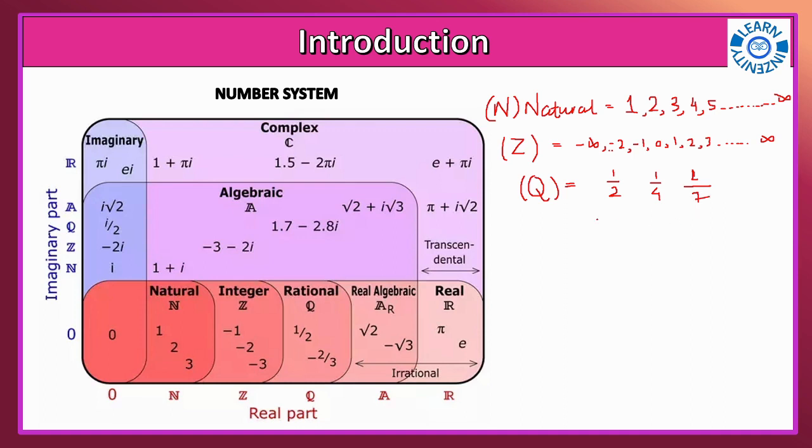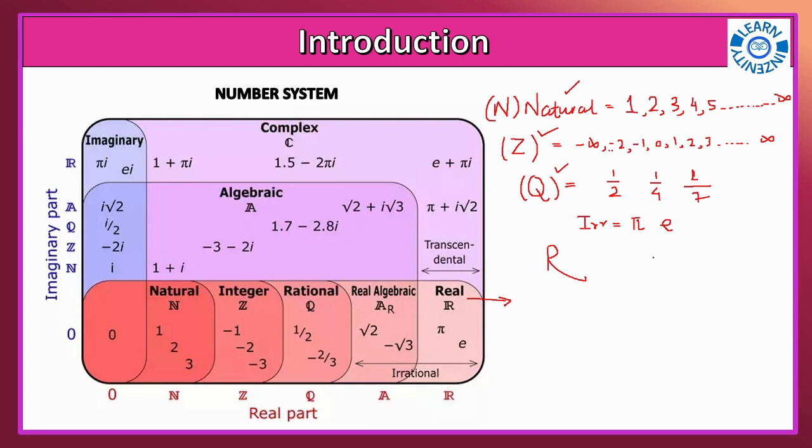So natural numbers, then integers, then rationals, and if you include the irrational numbers also, then the final will be the real numbers. So real numbers include natural numbers, Z, Q and irrational numbers also. What are the irrational numbers? Such as pi and e, these are irrational numbers.